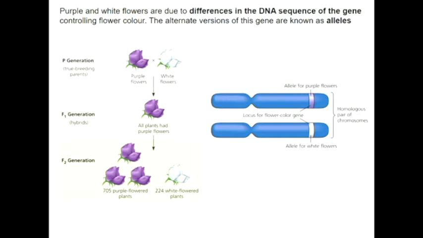Of course, he didn't know about this, but he did see this: purple, white, F1 is purple, F2, they segregate in predictable ratios. What he was looking at was genetic variation. And he was looking at features such as dominance, recessive alleles, codominance, all of these things that you've probably heard about in various units that you've taken. So that's the basis of genetics.